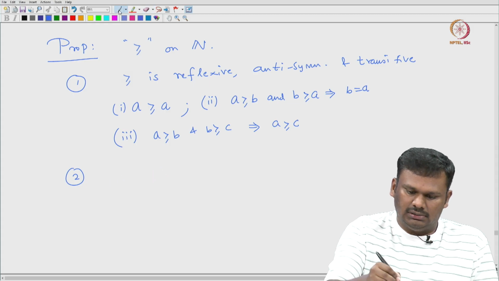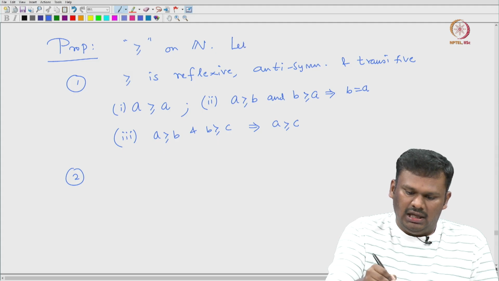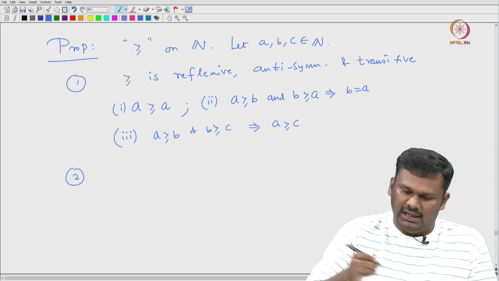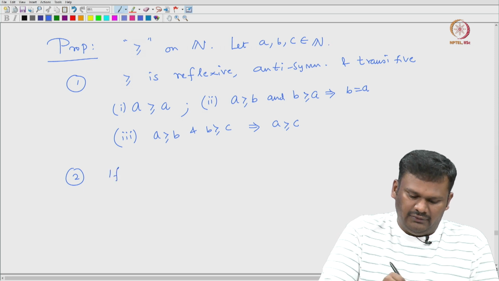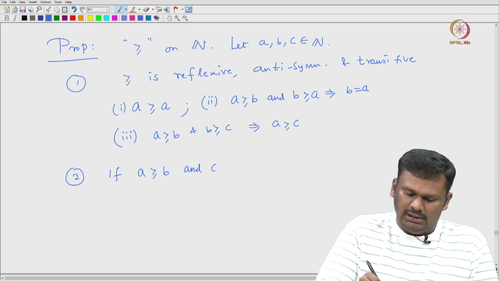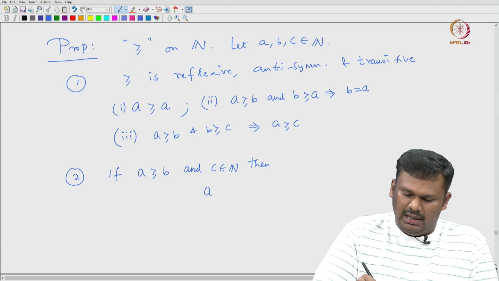So, let us say a, b, c are given to be elements of N. Then if a is greater than or equal to b and c is in N, then we can say that a plus c is greater than or equal to b plus c.